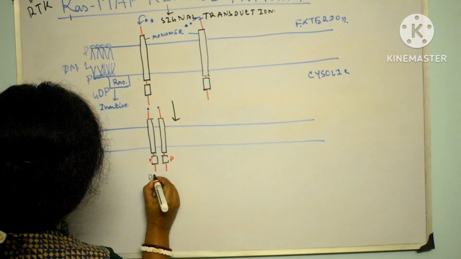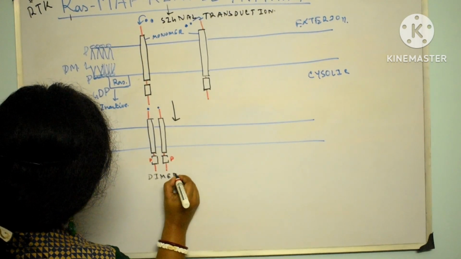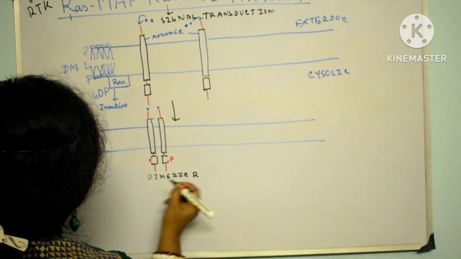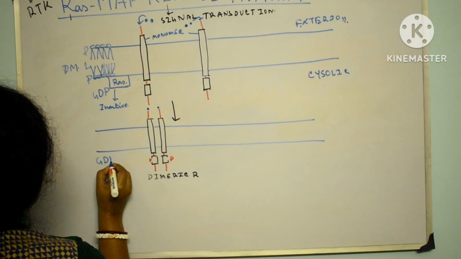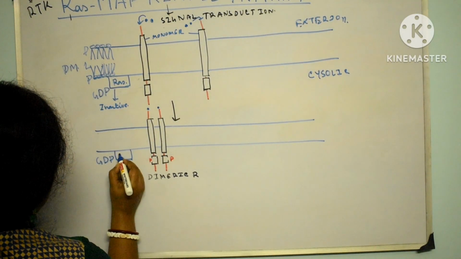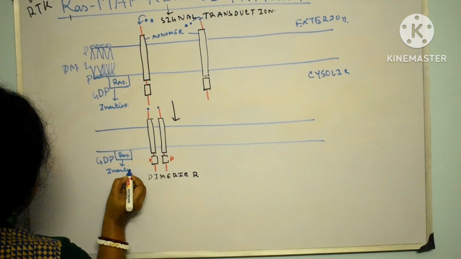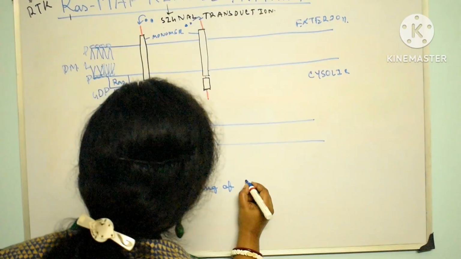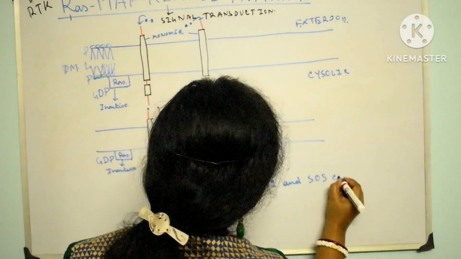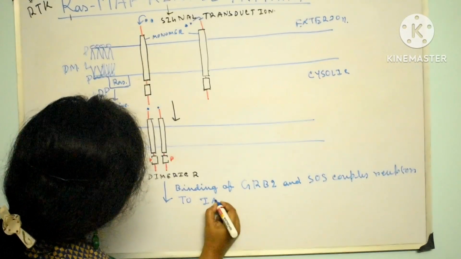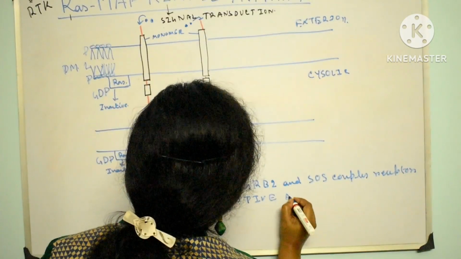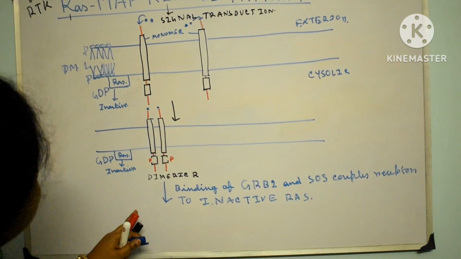This one is now a dimeric receptor. GDP Ras, till now it is inactive. After that what happens? Binding of GRB2 and SOS couples the receptor to inactive Ras. These are the three steps.